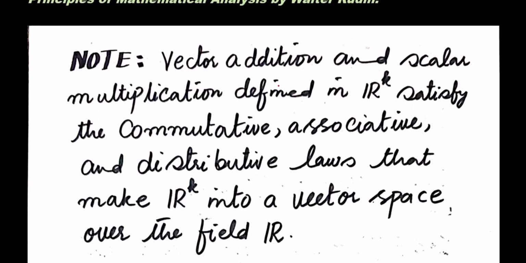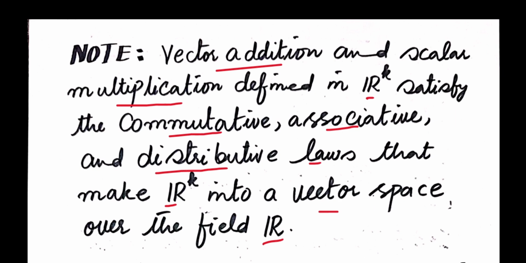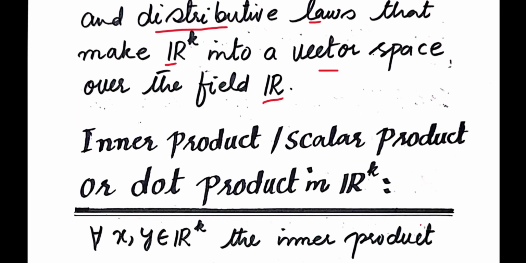Further, note that the vector addition and scalar multiplication defined in Rk satisfy the commutative, associative and distributive laws that make Rk into a vector space over the field R. I hope you are familiar with all of these terms, and you have been taught them in the linear algebra course.